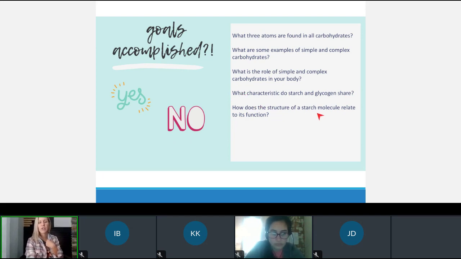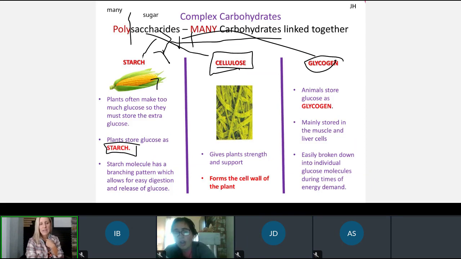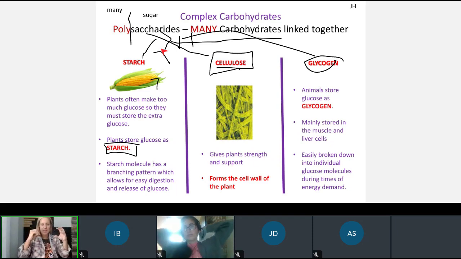And how does the structure of a starch molecule relate to its function? We didn't get totally into that, but those starches have a branching pattern. And the reason they do that branching pattern that we talked about up here is that space allows for almost like the Pac-Man things, to digest them, to be able to, they're basically in small pieces.